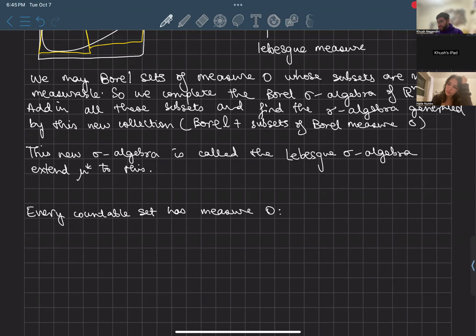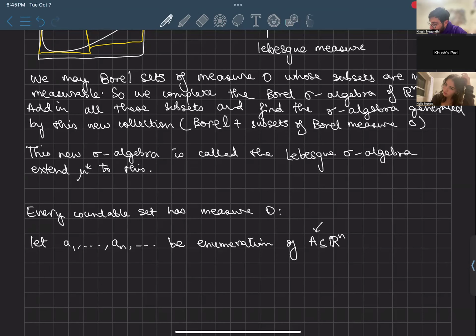When I say this, I mean with the Lebesgue measure; you can either think of the Borel sigma algebra or the Lebesgue sigma algebra. It doesn't make a difference. Okay, so here's what I'm gonna do. Let A1, A2, and so on be an enumeration of A in R, where A is the countable set.